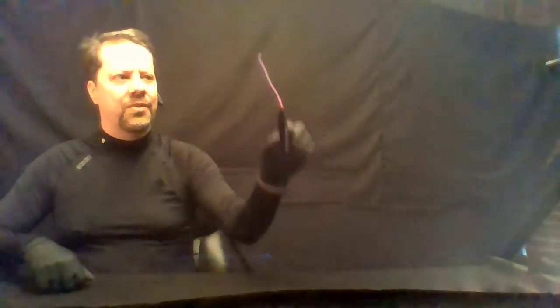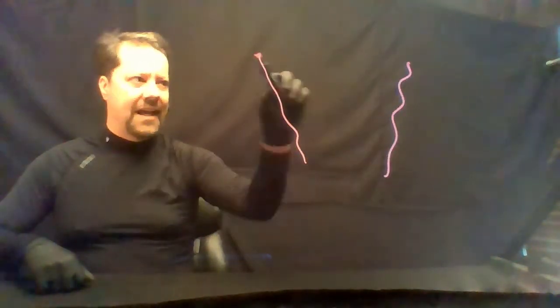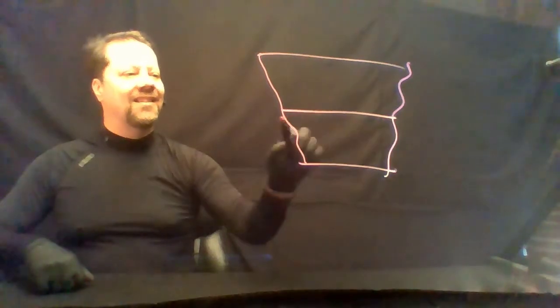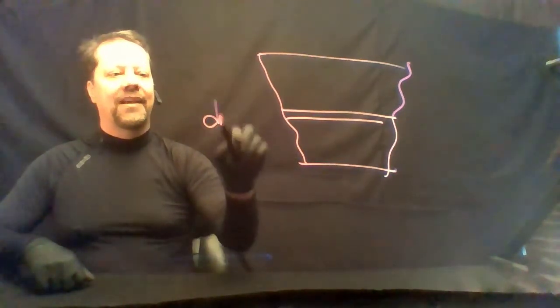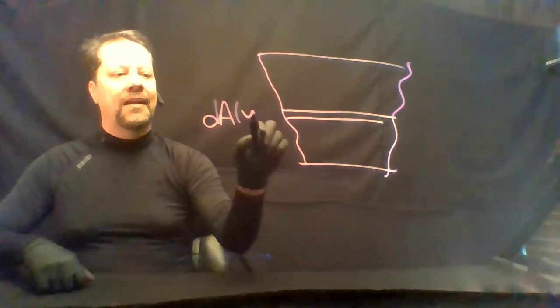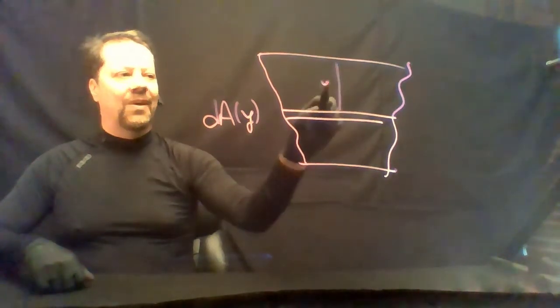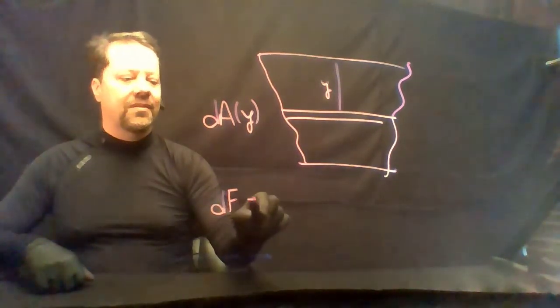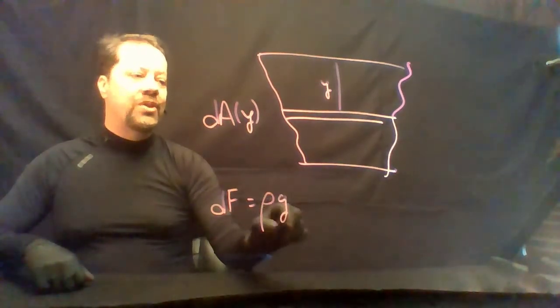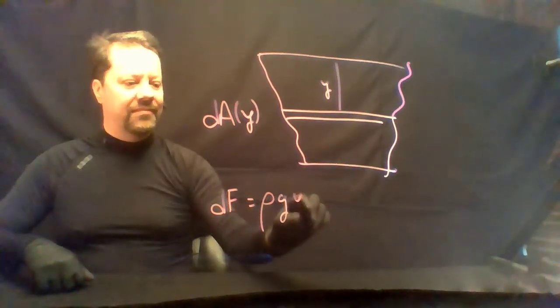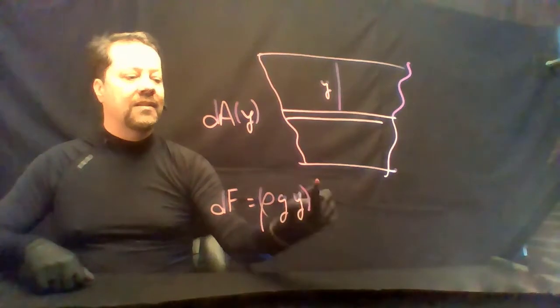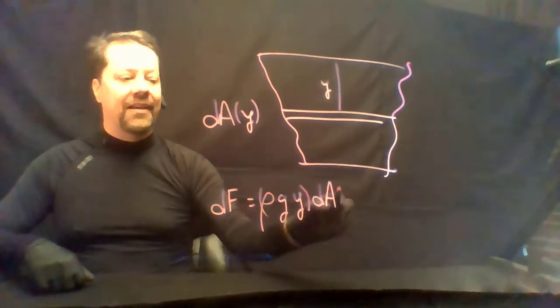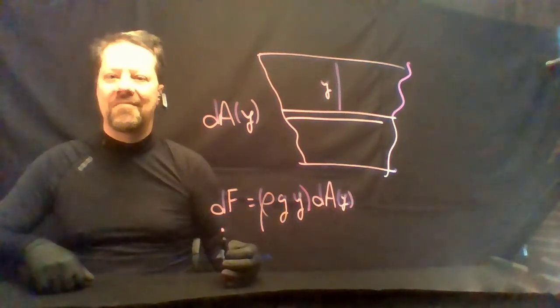So to recap, if you have some strangely shaped dam, you'll have an element of area that will depend upon how deep you are. The element of force will be rho g y, that's the pressure, times the element of area, which will depend upon y.